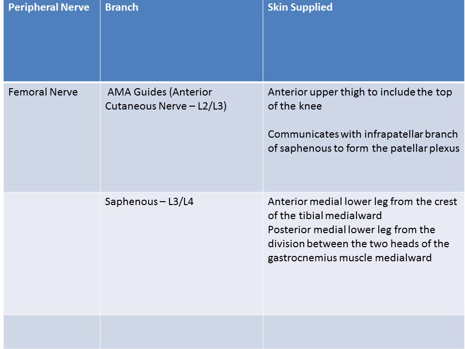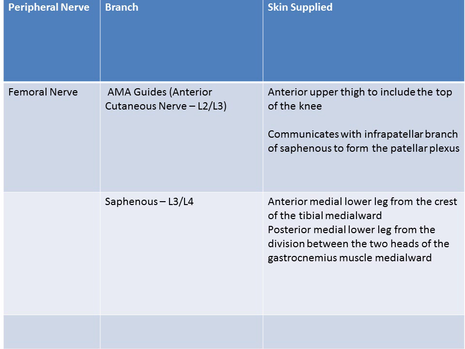So I would kind of describe that as like 25 to 50% of the circumference of the lower leg, mostly the medial portion, actually all medial portion, is covered by the saphenous nerve. 25 to 50%, maybe even as much as 50%, since we're considering that the saphenous nerve distribution continues posteriorward about to the division between the two heads of the gastrocnemius muscle.